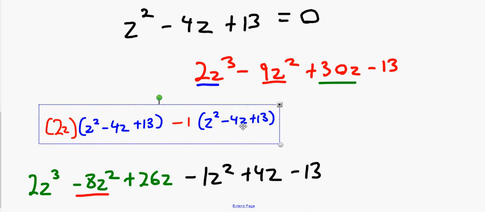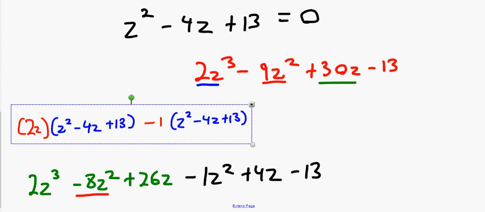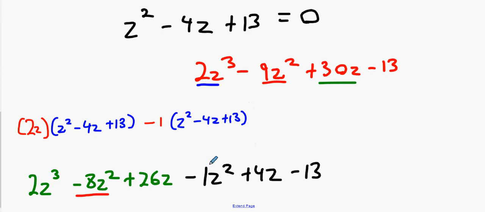I think there's a reason I don't do it this way. I always get confused halfway through. So we're on 30z currently, are we? Yeah. And we're already on minus 13, aren't we? We already have it.